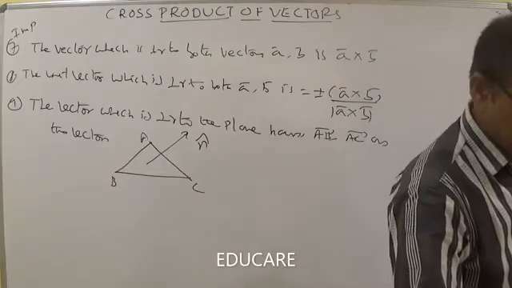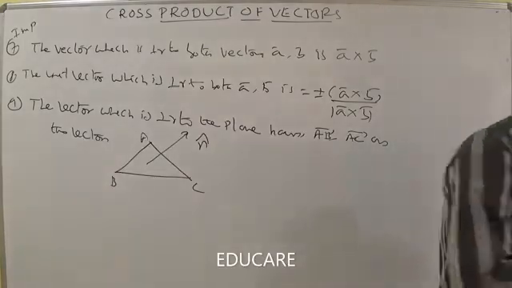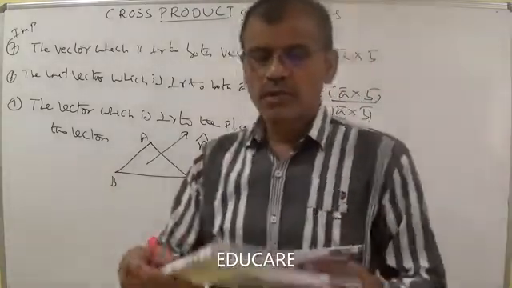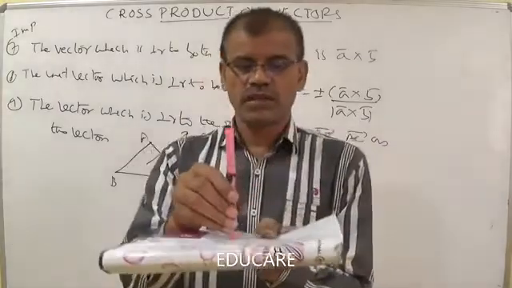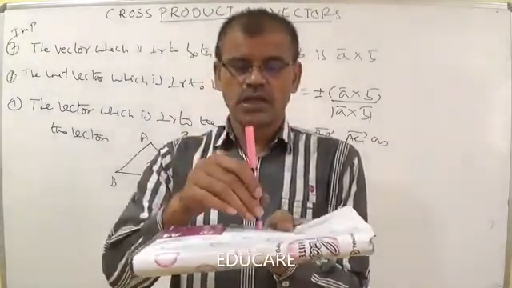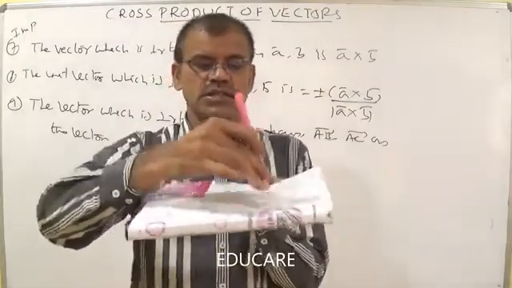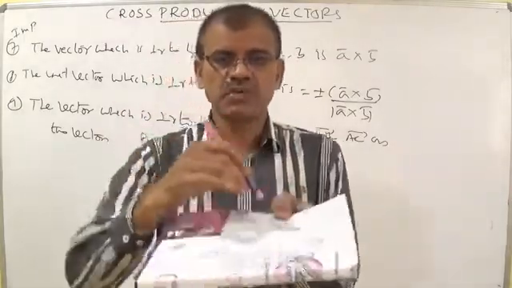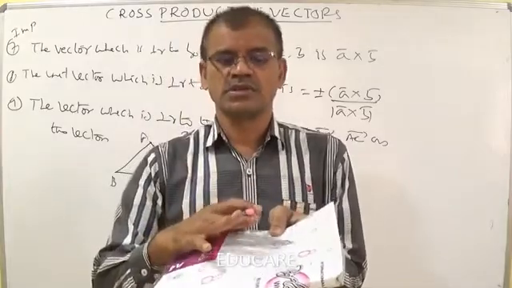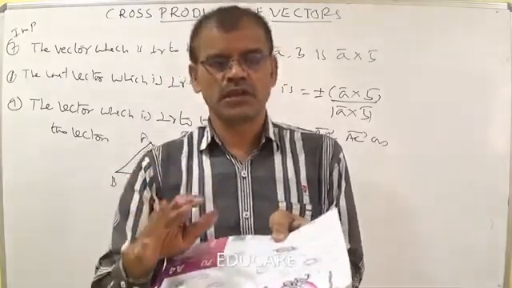Example, let us take the plane like this. This is the plane, and this is the normal vector n. Here A, B, C, 3 points are there, and A, B, C became a triangle. Not only A, B, C, you can also take D, any value.